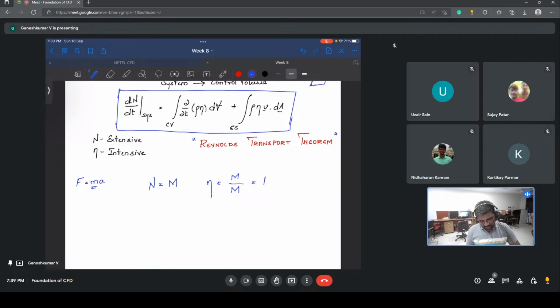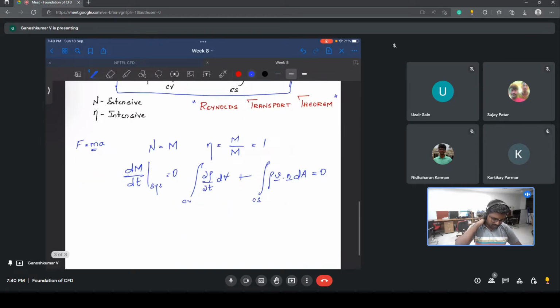So we know that dm by dt for a system, because it's a fixed mass, is equal to 0, right? So this simply becomes the integral of ∂ρ/∂t dV plus the integral of ρ V·n dA equal to 0. This will be your mass conservation equation.